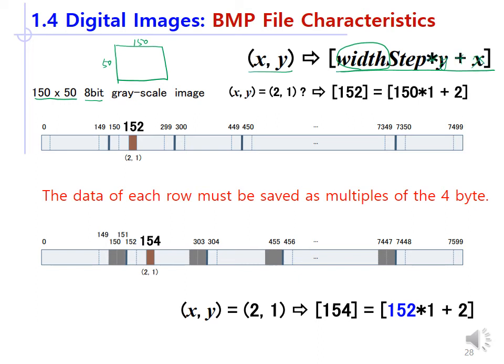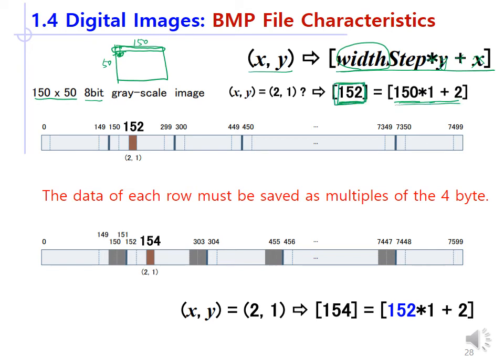So for example, x, y equal 2, 1, that means the second pixel in the first row. We know the width is 150, so 150 times 1 plus 2 makes 152.